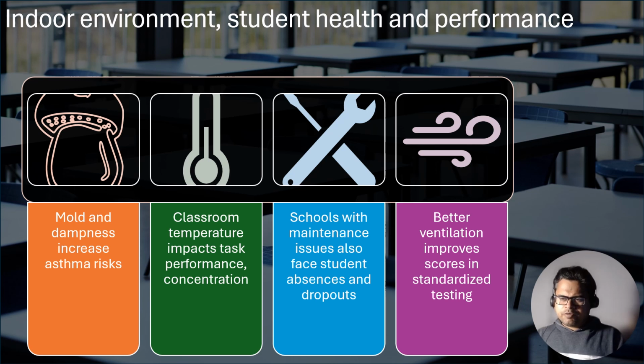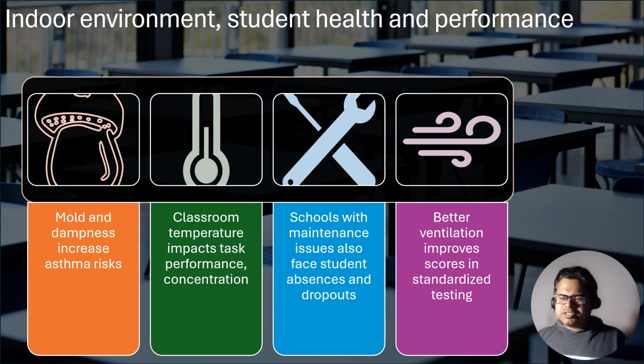The classroom indoor environment affects not only your comfort, it also goes on to affect health and the process of teaching and learning. Something like dampness and mold increases the risk of asthma and similar respiratory health effects by about 30 to 50%.